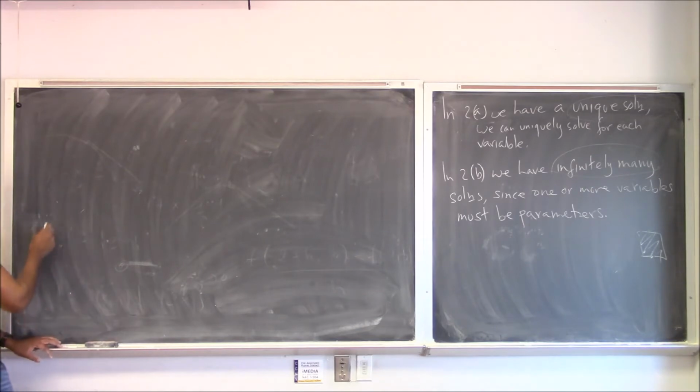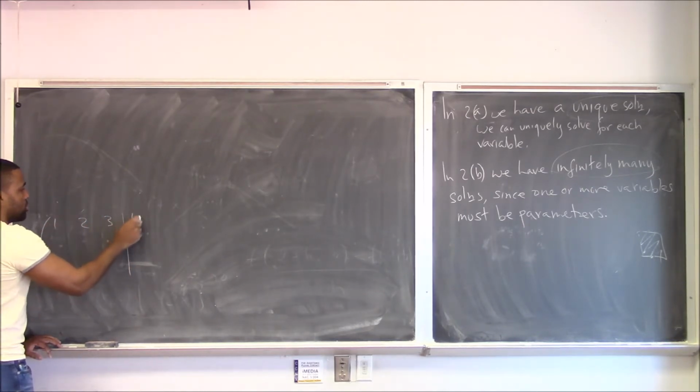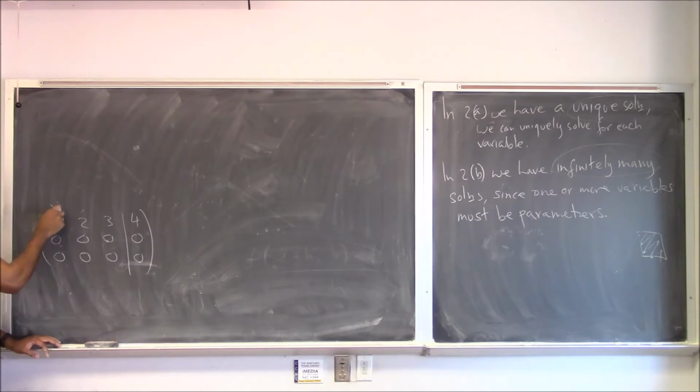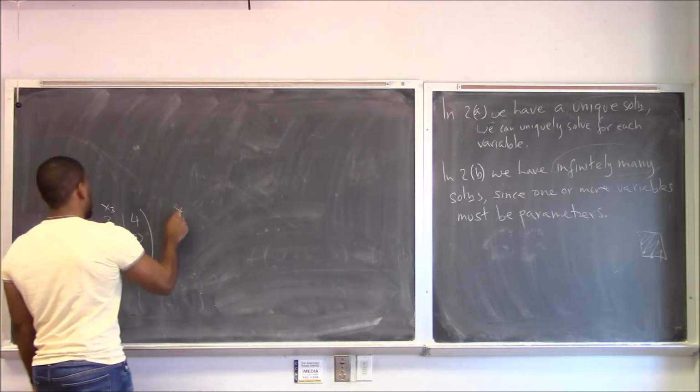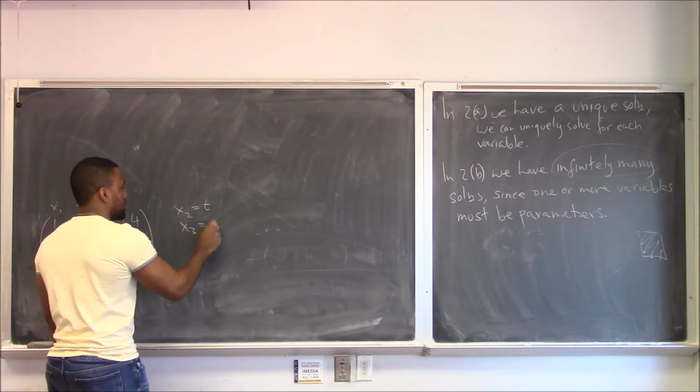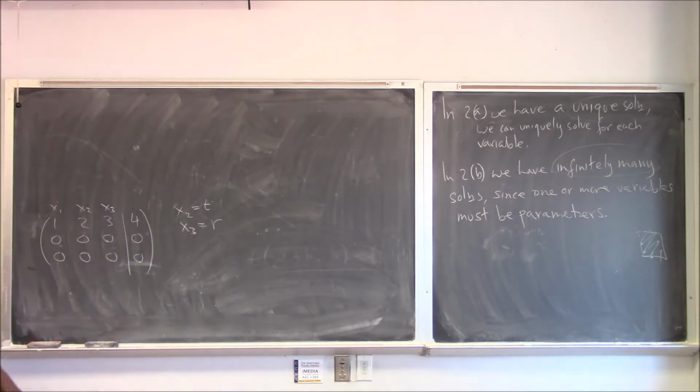So you don't have to write this, but I'm just showing you. Let's say you had 1, 2, 3, 4, and in your reduced echelon form, you had 2 rows of zeros. So that was your x1, that was your x2, that was your x3. This system will have 2 parameters. So you would set your x2 equals t, your x3 equals r, I don't want to say s, because we always mix it up with 5.